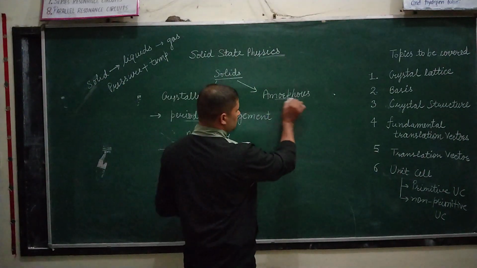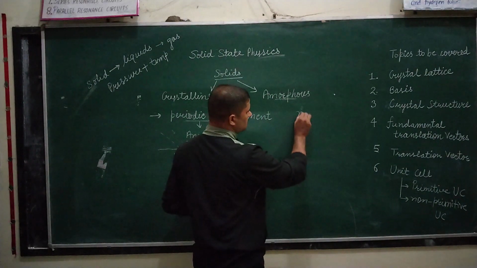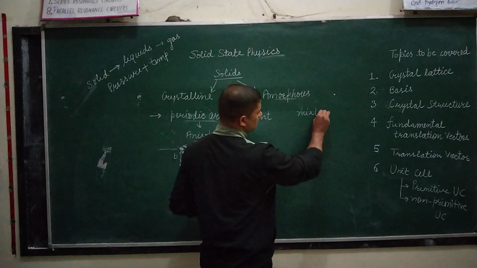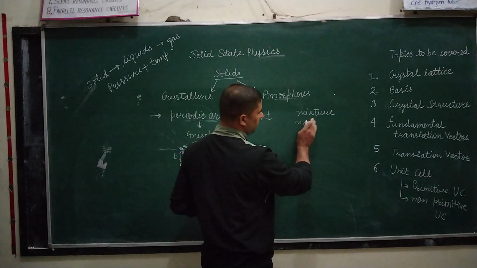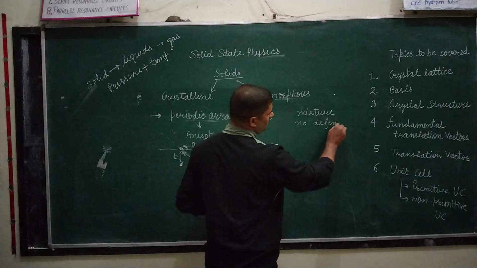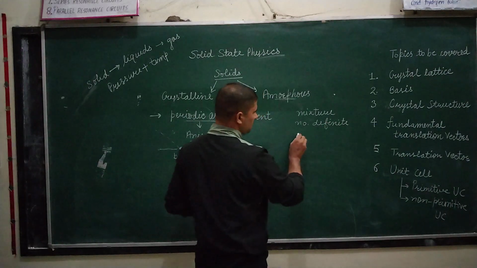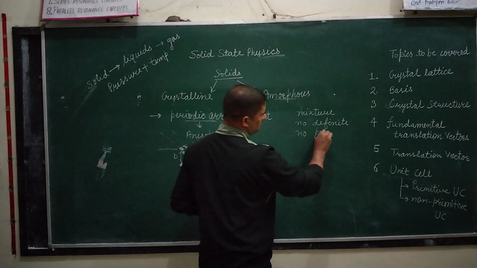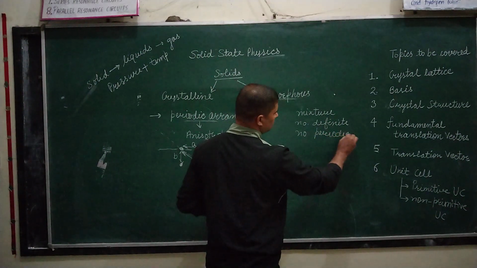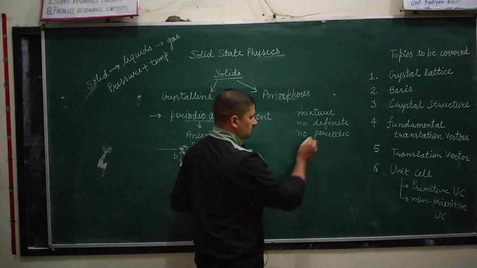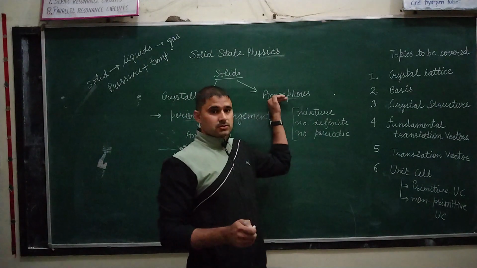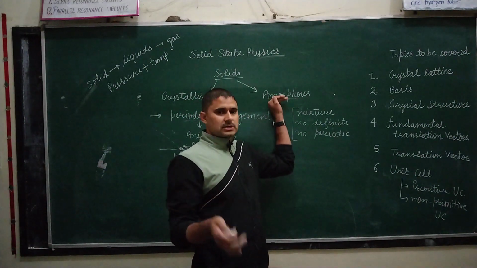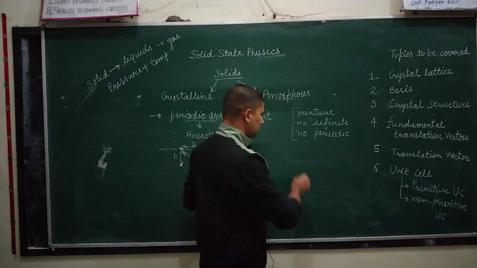Okay. So now come to amorphous solids. In amorphous solids, I have told you this is a kind of mixture with no definite arrangement, no periodic arrangement. So these solids show the same kind of physical property with change in direction.